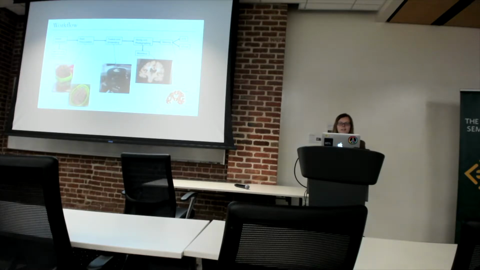Fixation takes a few weeks up to a couple of months, so it's actually a long-term process. It goes through embedding in a chemical that we call celloidin that solidifies, and you get this block here that goes through cutting. During the cutting, we take images that we call block face.